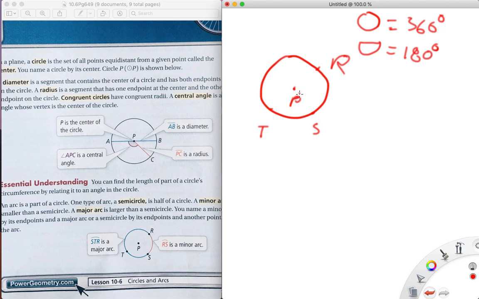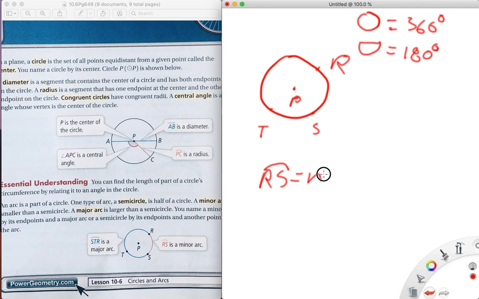So when we have arcs, an arc is part of the distance of the circle, or part of a circle. Let's say this RS, and we put the little arc symbol on top, the little curve, meaning that's an arc.